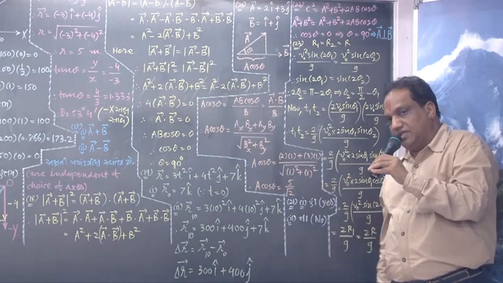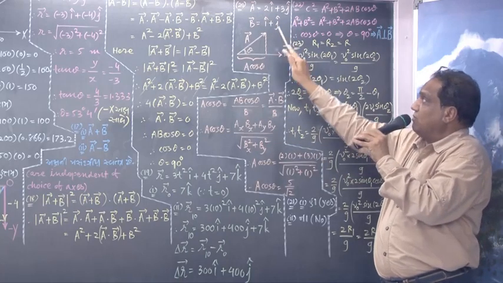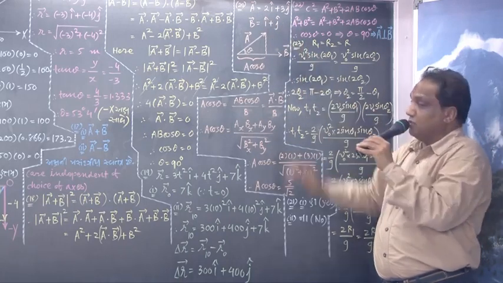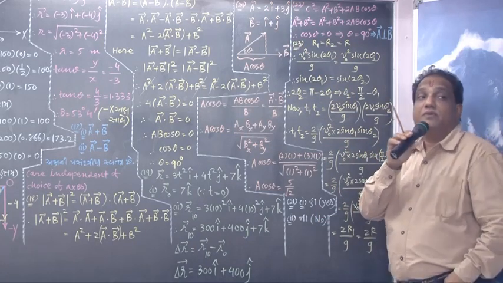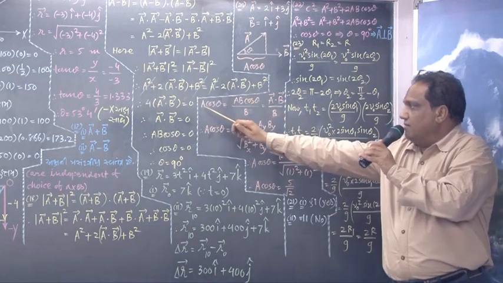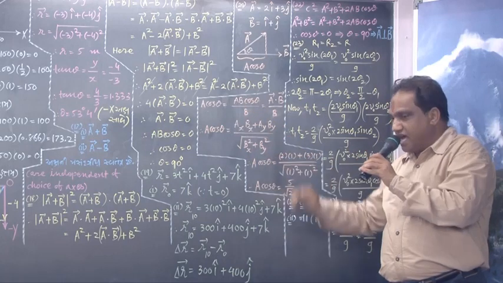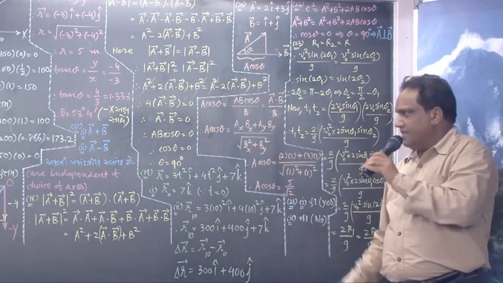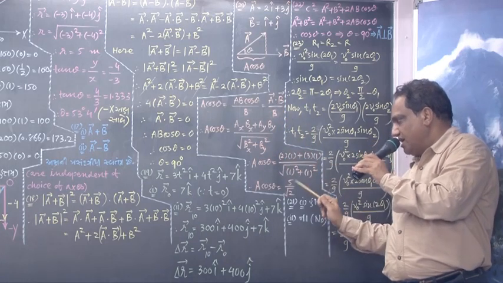Suppose in the school examination they ask not the component of A along B, but the component of B along A. Then it is B cos theta. What do you write here? AB cos theta upon A. AB cos theta will be this only, so the numerator will be the same 5.